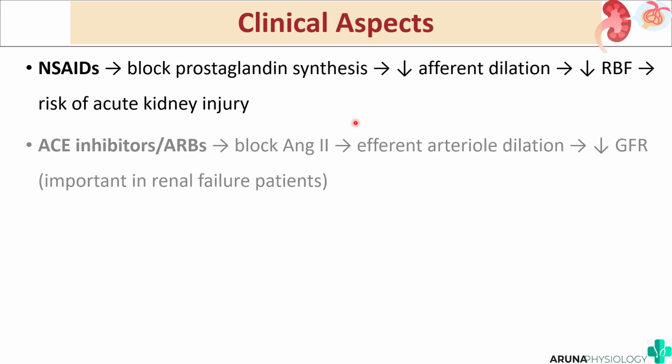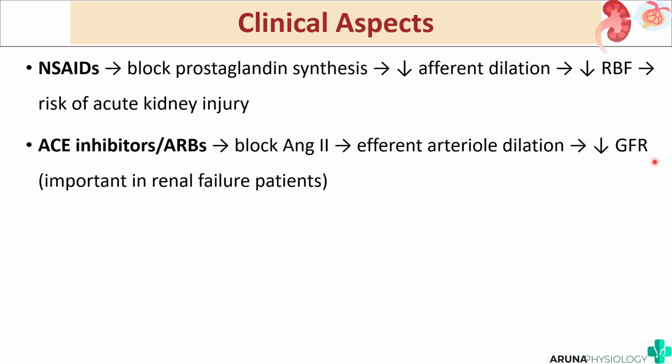Secondly, we have ACE inhibitors. ACE is angiotensin converting enzyme. When you have an ACE inhibitor, it will block the formation of angiotensin 2, and thereby it will cause efferent arteriolar dilatation. What will happen if the efferent arteriole is dilated?